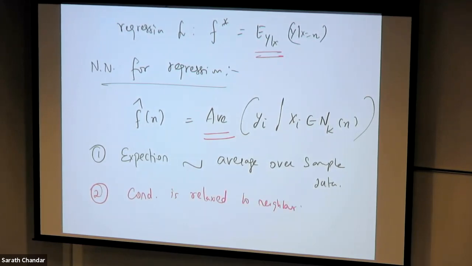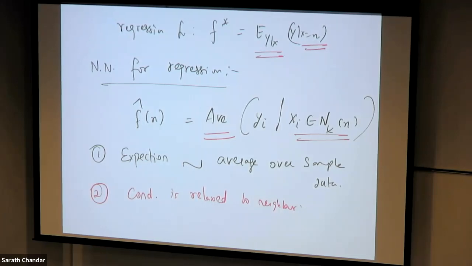Instead of conditioning on that particular example x, we are conditioning on the neighbors. This is a practical approximation because you have never seen this example before, right? If you have never seen x before, you have no data about x. So the best way to approximate that is by just looking at the neighbors. Okay, is that clear?